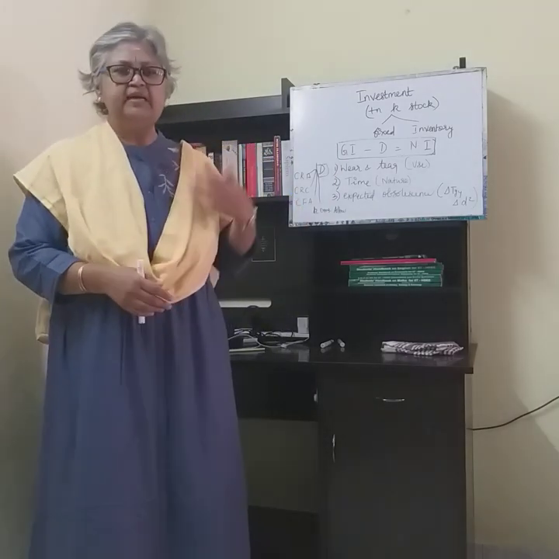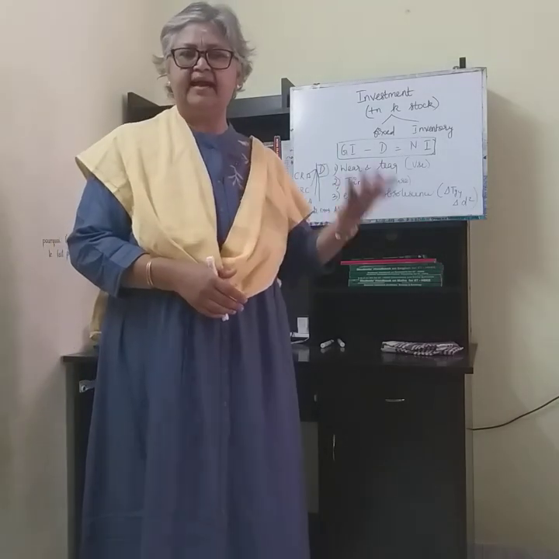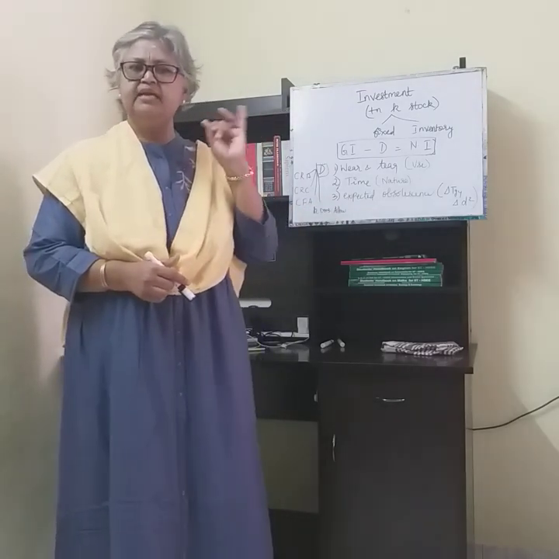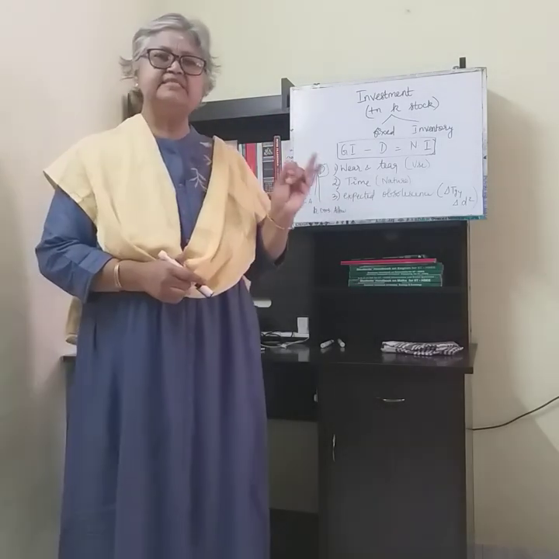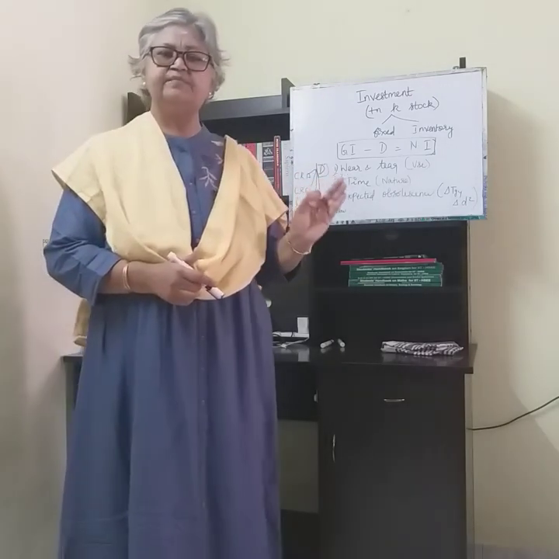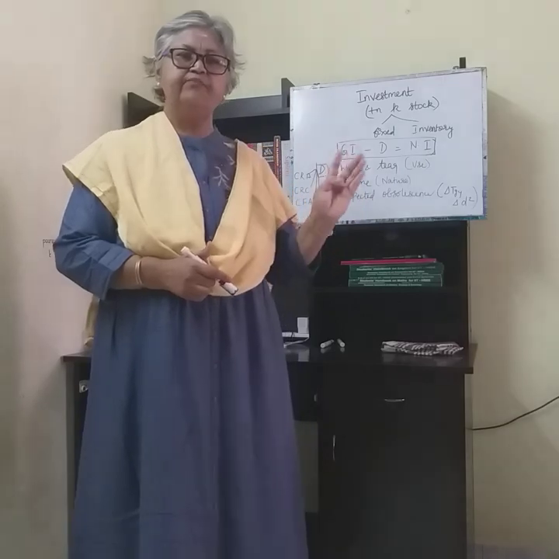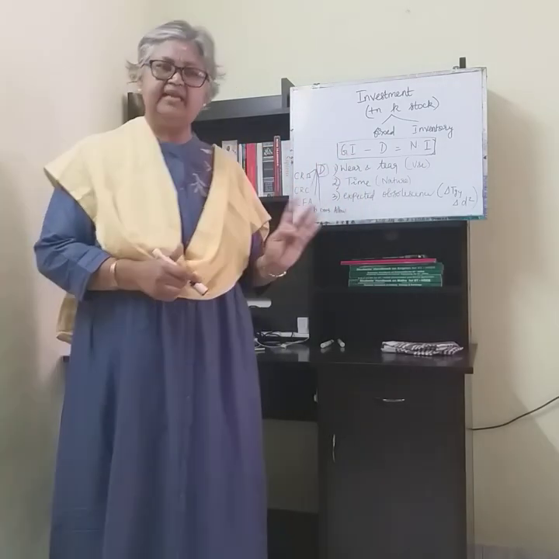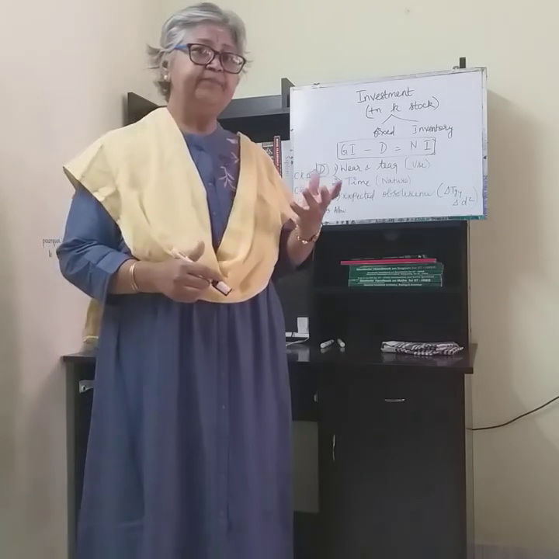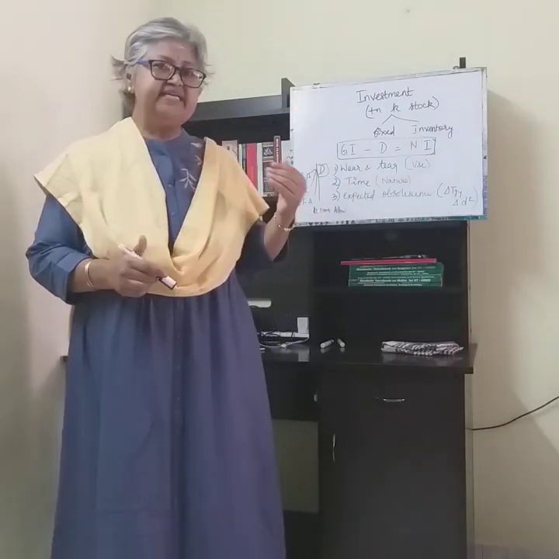Let me repeat. Depreciation is also called consumption of fixed capital. Number 2, capital consumption allowance. Number 3, current replacement cost. Number 4, current replacement allowance. So while you're calculating your domestic income or national income, look out for any one of these items.